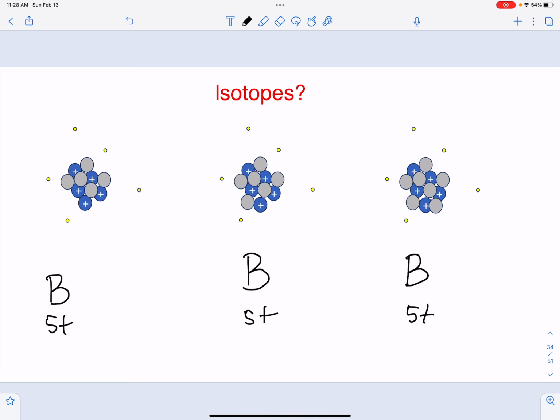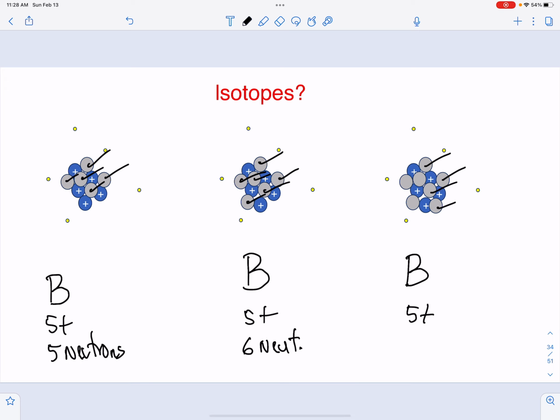Neutrons, 1, 2, 3, 4, and 5. 5 neutrons. Then 1, 2, 3, 4, 5, 6. 6 neutrons. Then 1, 2, 3, 4, 5, 6, 7. 7 neutrons.